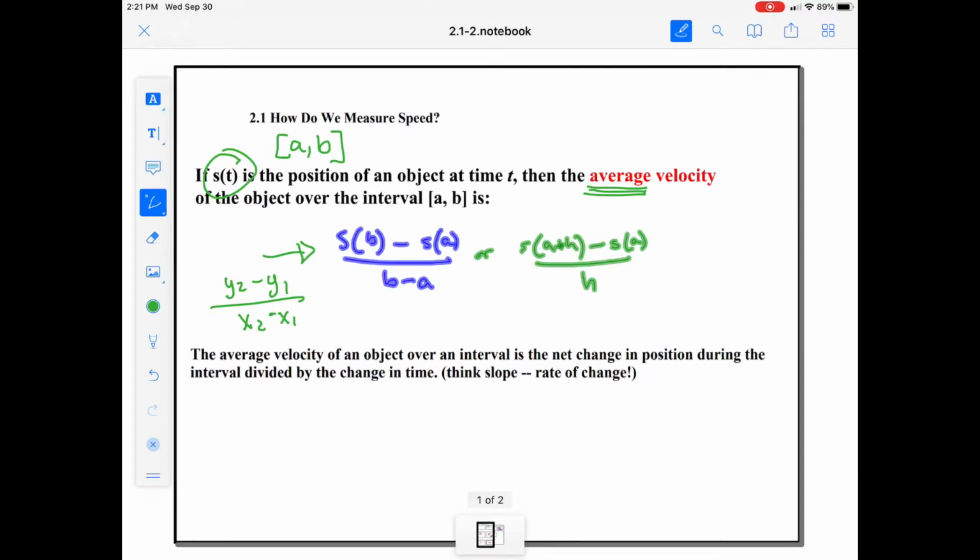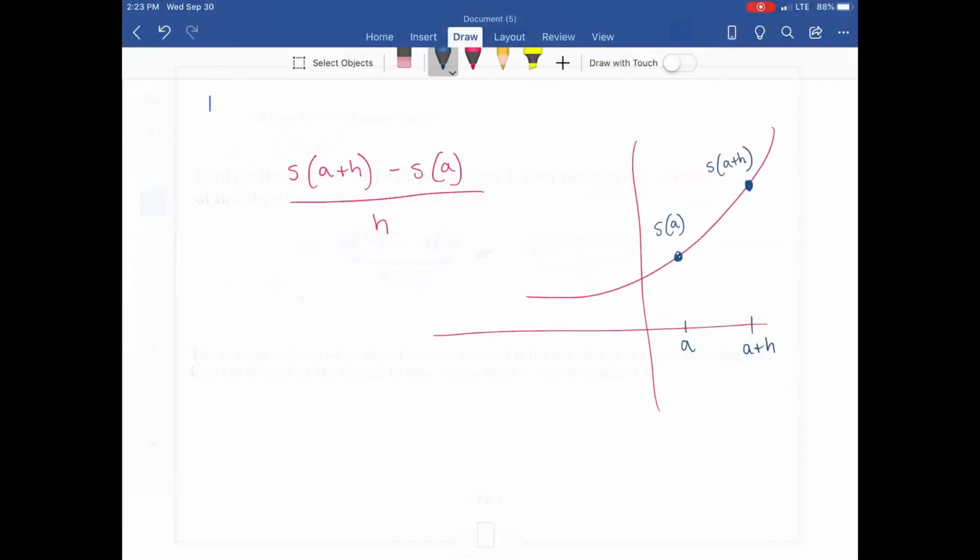Now, let's talk briefly about way 2. And I hope you see in this example, here's my graph of S of t. There's my t-axis and my y-axis, and my graph looks like so. It's this curve, and I pick these two points on that graph.